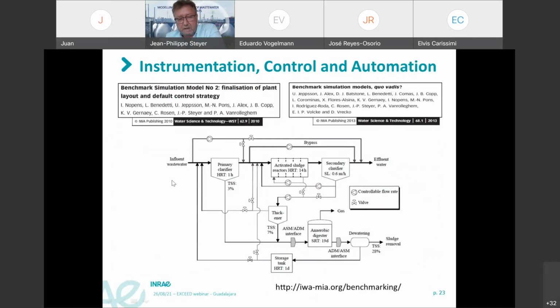And so Victor mentioned the ISM and ADM1 models, so don't bother to program this. There's a code which has been benchmarked, and it's freely available for all this process connected to each other. So it's quite easy now, if you're a student, to implement and to test your controllers or software sensors.